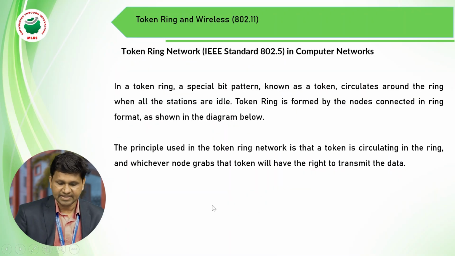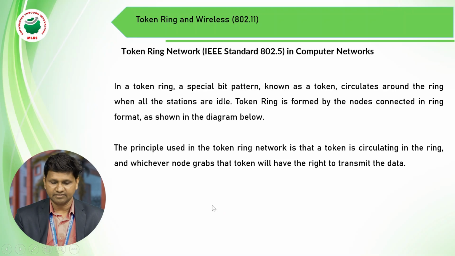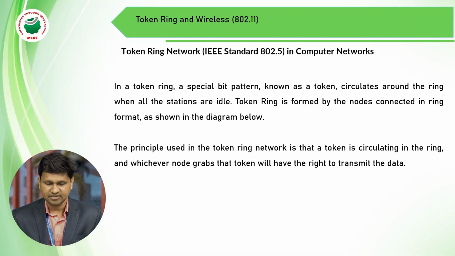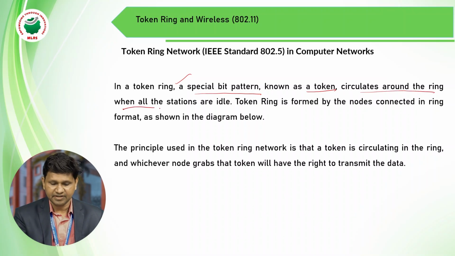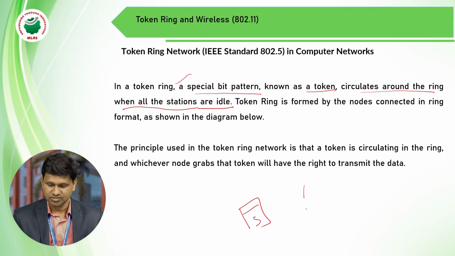Now see the token ring network, IEEE standard, in computer networks. In a token ring, a special bit pattern known as a token circulates around the ring when all the stations are idle. Suppose for example, for better understanding, I have a source station.